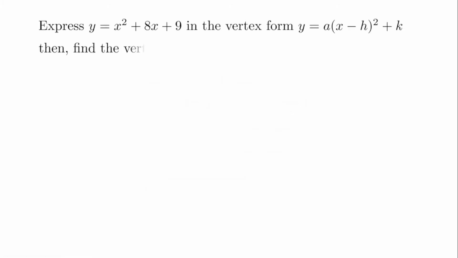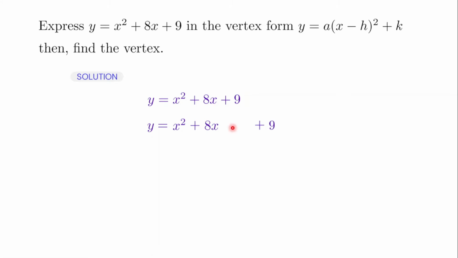Okay, next. What if we are given a quadratic function in standard form and we want to convert to vertex form? So example, express y equals x squared plus 8x plus 9 in the vertex form y equals a times x minus h squared plus k. Then find the vertex. So for our solution, we have y equals x squared plus 8x plus 9.